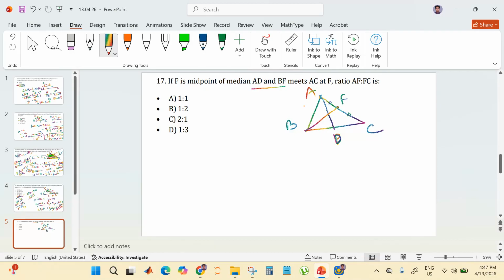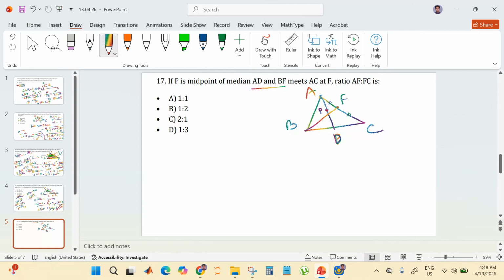This question actually is a very easy question, but some are confusing and time consuming. Sometimes it says P is the midpoint, but we don't know what the midpoint is. Suppose this P is the midpoint of AD, but actually this P has no work here. So you can directly write AF is to FC.